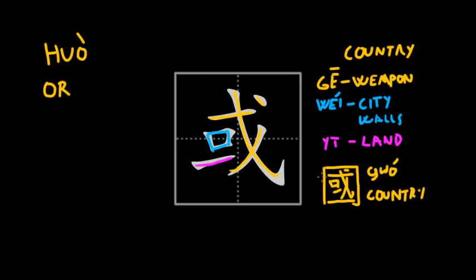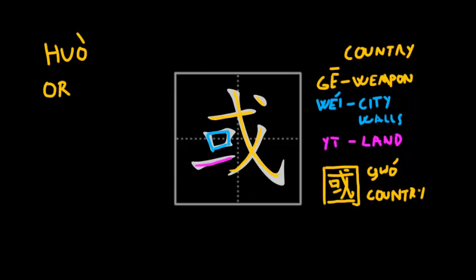And then the outside is just the semantic element, because it is again wej, the city walls. So basically, huo phonetic and wej semantic, but also a character that was created just to disambiguate the two meanings of this one character.